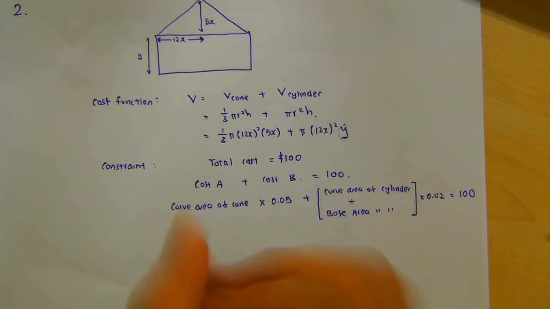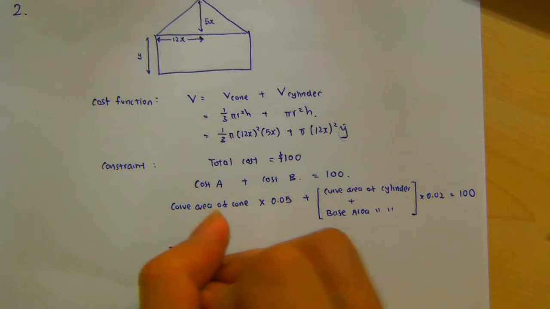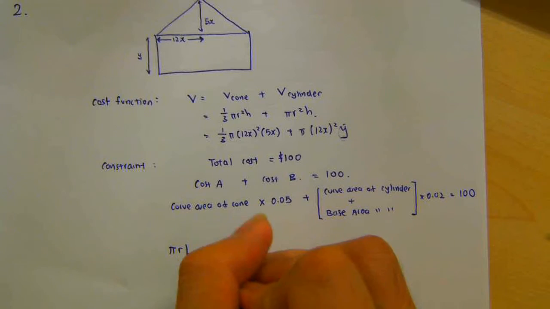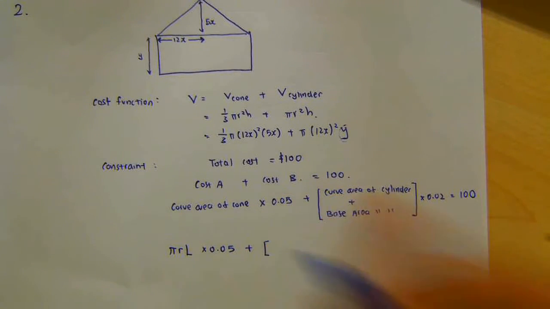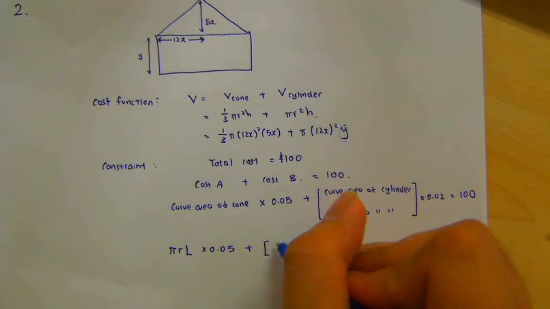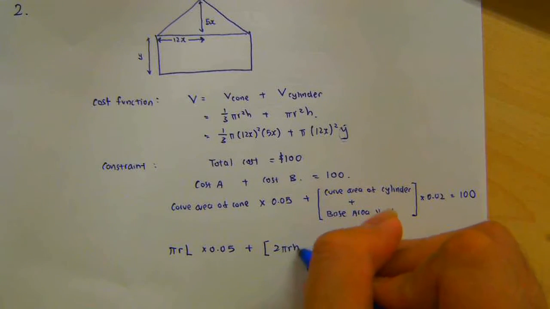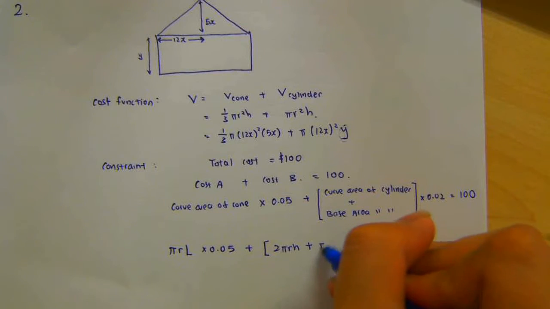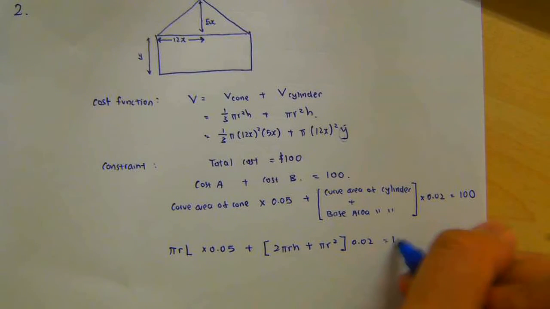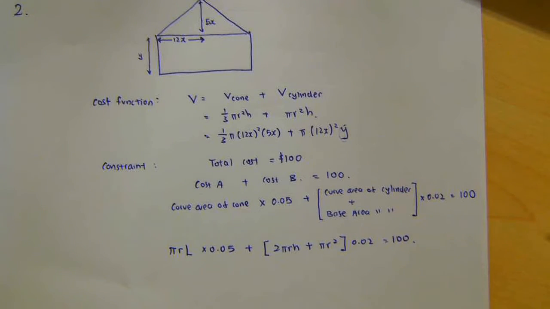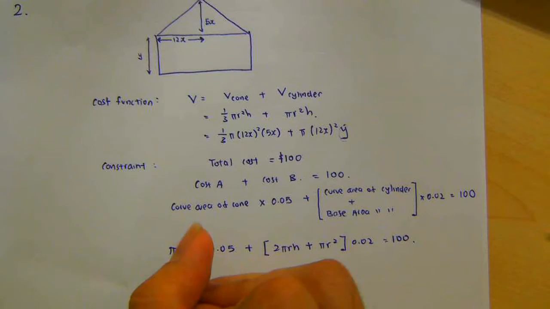So for the curved area of the cone, it's pi RL, where L is the slant height of the cone. Curved area of the cylinder, 2 pi RH, plus the base area, which is a circle, pi r square. So next we have to sub in the values that we have.